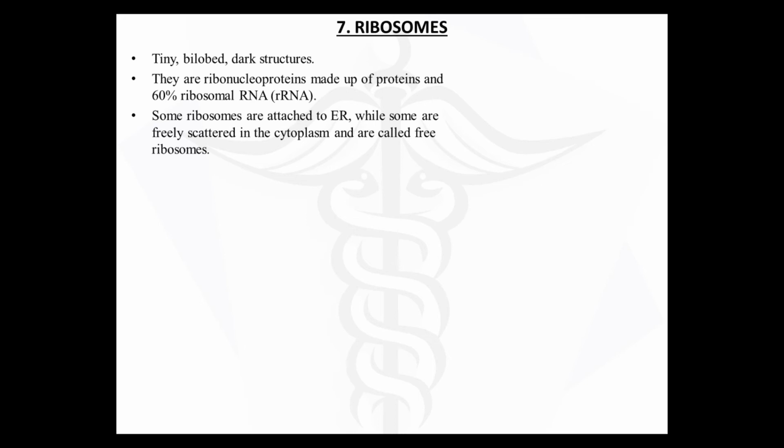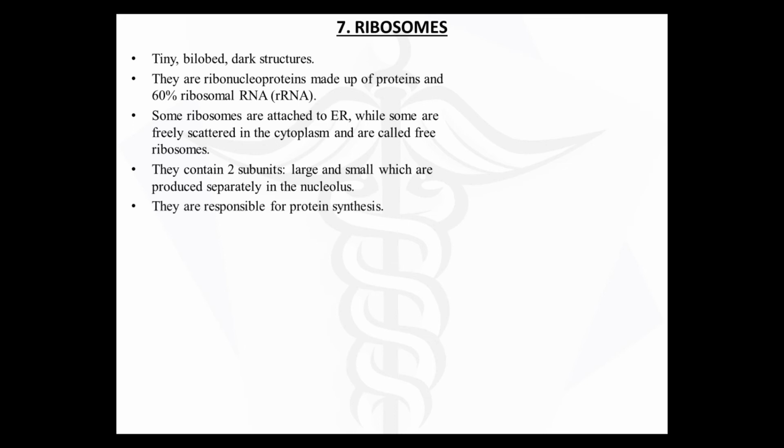In cell, some ribosomes are attached to the outer nuclear membrane which is folded into a series of flattened sacs called the rough endoplasmic reticulum, while the other ribosomes are freely scattered throughout the cytoplasm and are called free ribosomes. Ribosomes contain two subunits, that is, large subunit and the small subunit, which are produced separately within the nucleus. They are responsible for protein synthesis.